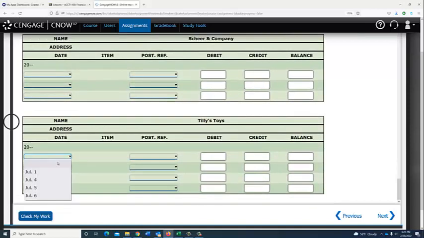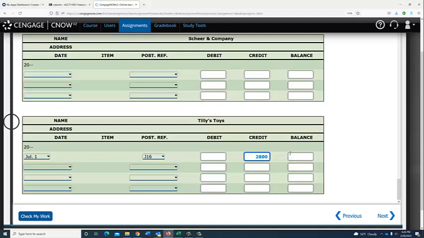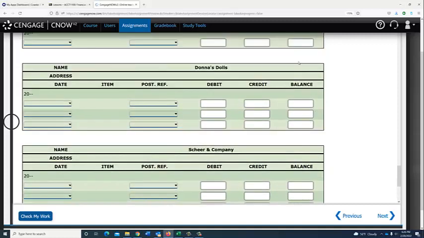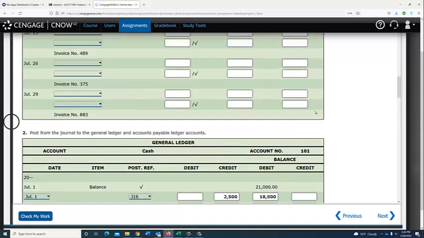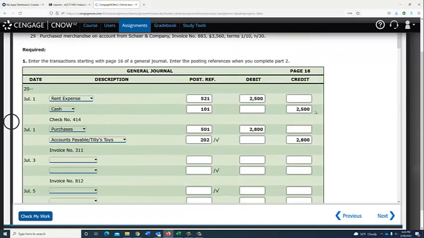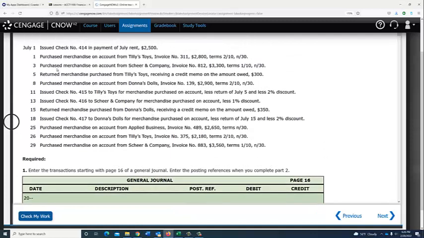Find Tilly's, enter July 1st, the posting reference, a credit of $2,800, and put the balance of $2,800. So anytime we have a balance in our accounts payable ledger, we know that that balance represents a credit because this is the accounts payable ledger, and accounts payable is increased with credits. That's the normal balance.